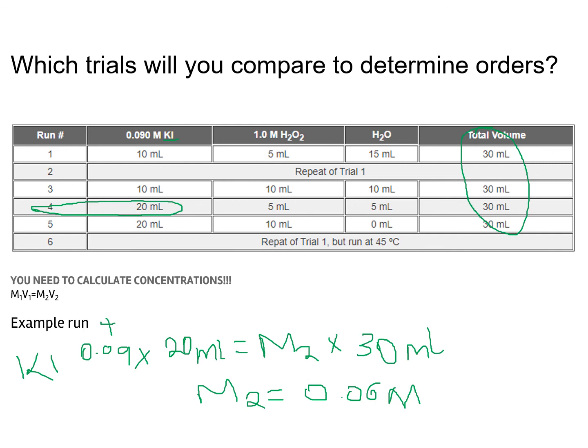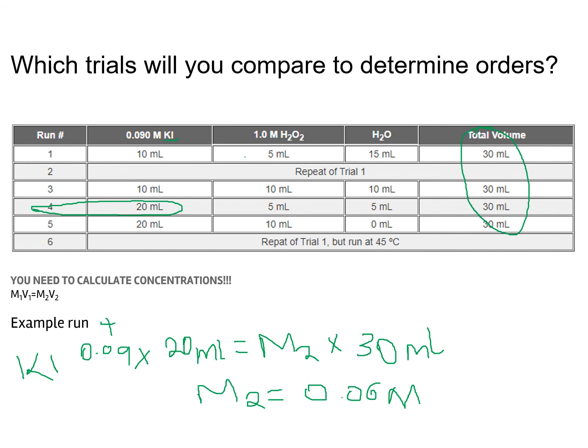And now again, go back to the slide, the previous slide. It is very important for you to use that slide because you will be comparing the concentrations. So if the concentration, assuming that the concentration for the 10 ml was, for example, 0.03, then going from 0.03 to 0.06 in run 4 is a double.